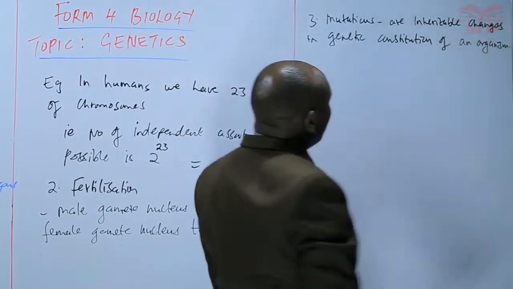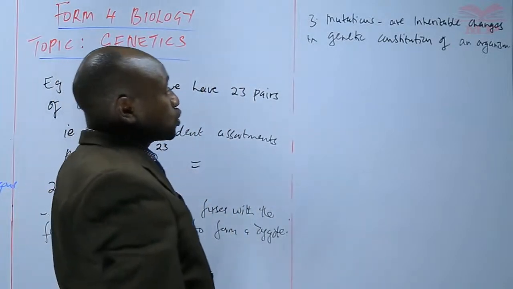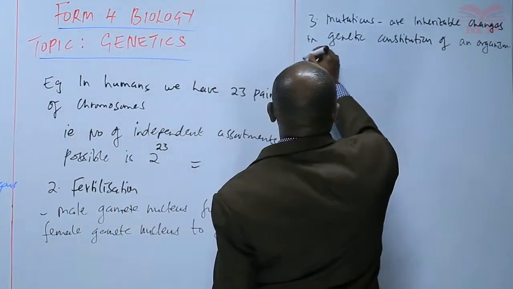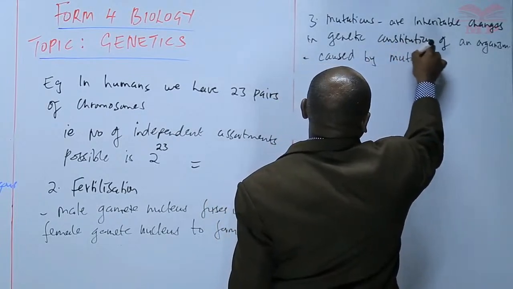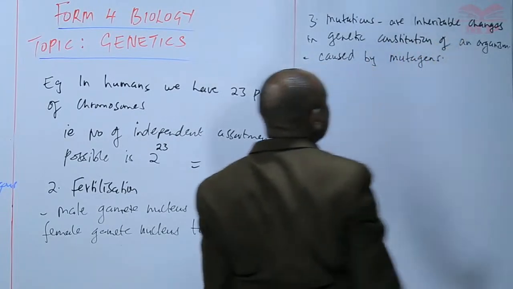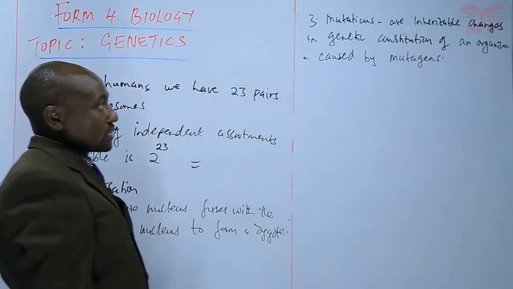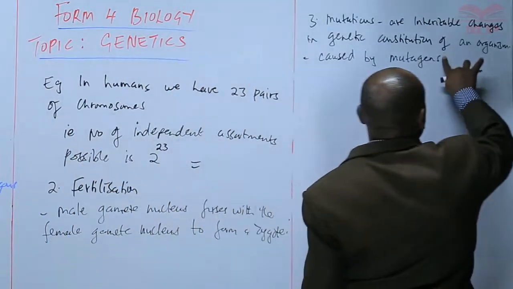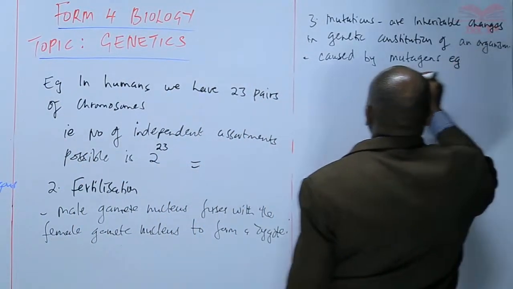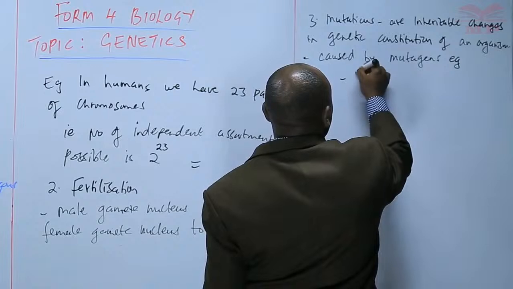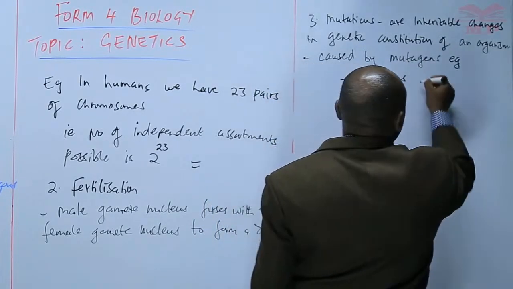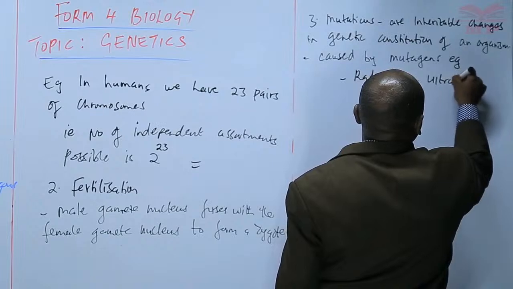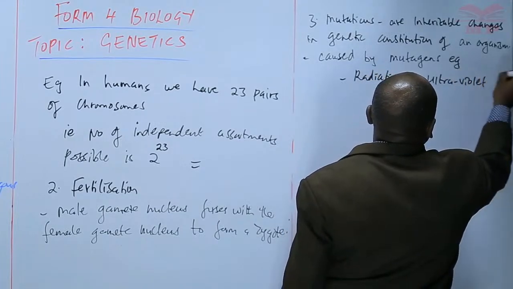The inheritable changes in genetic constitution of an organism, and these mutations are caused by mutagens. Mutagens are the ones that cause mutations, and we have examples of mutagens, e.g. things like radiations, such as the UV, ultraviolet rays.